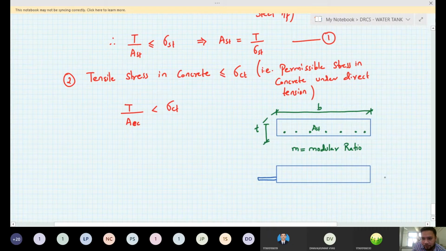This you might have studied in your mechanics of solids. This is your transformed section. Now the entire section is concrete, whereas the earlier section was the composite section, in which we had concrete as well as steel. So we are converting this composite section into a transformed section.